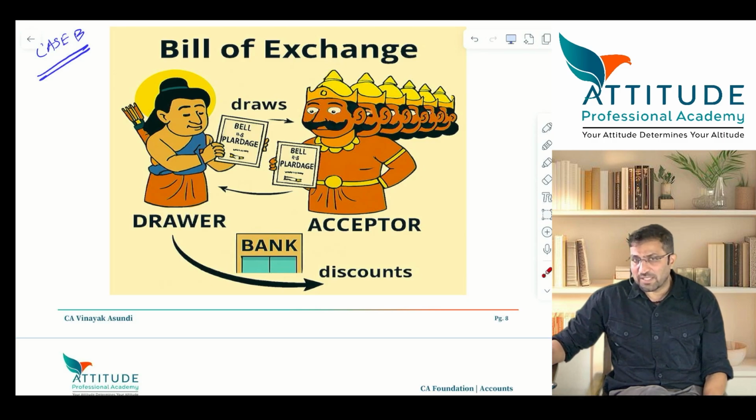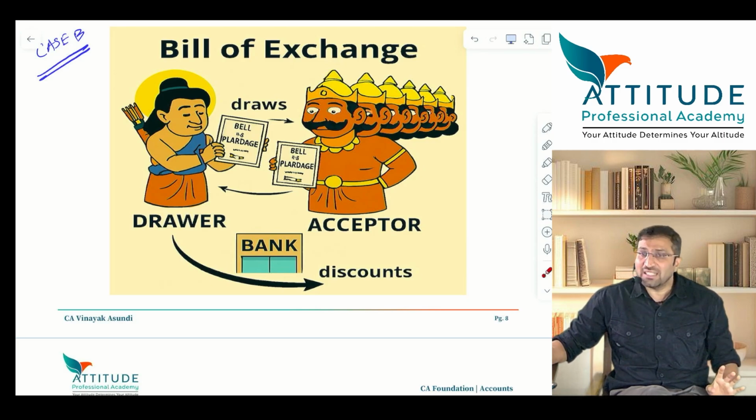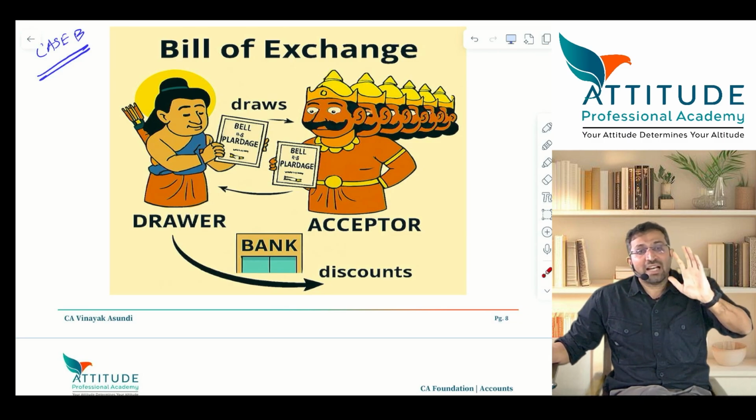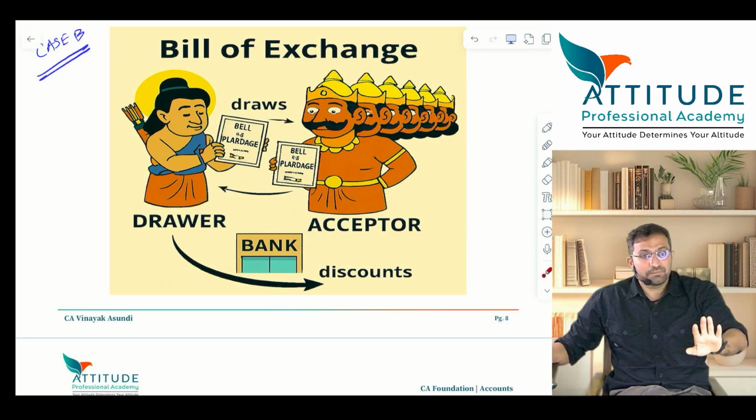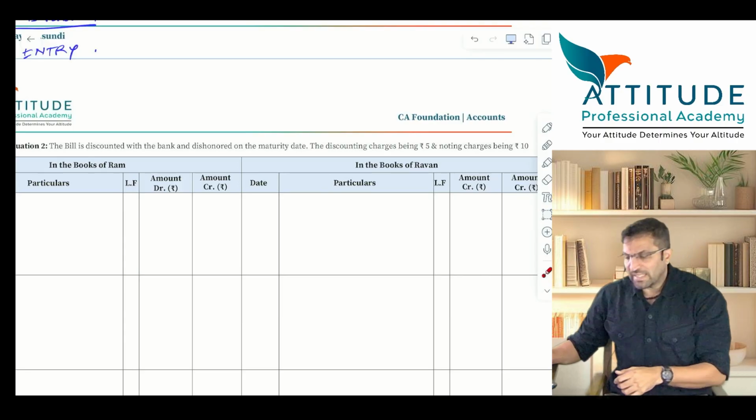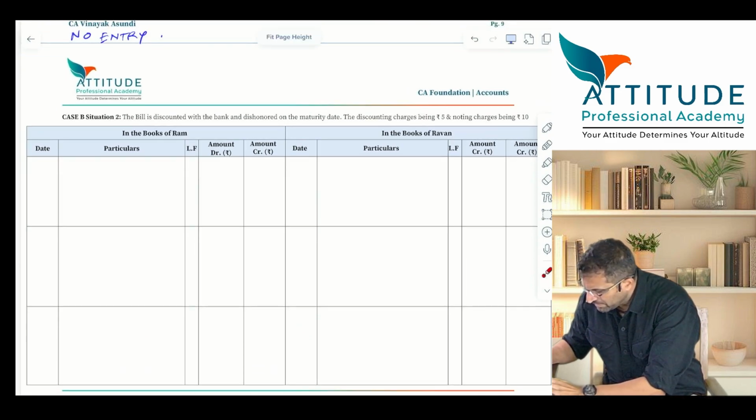Did you understand? So with this explanation, let me see how many of you can pass the entries, both in the books of Ram as well as in the books of Ravan. Can you do it? I'll give you 5 minutes. Please do it. Have a look at it.